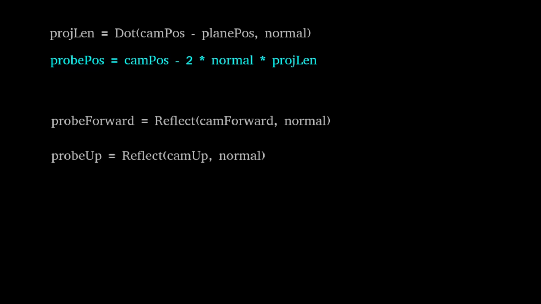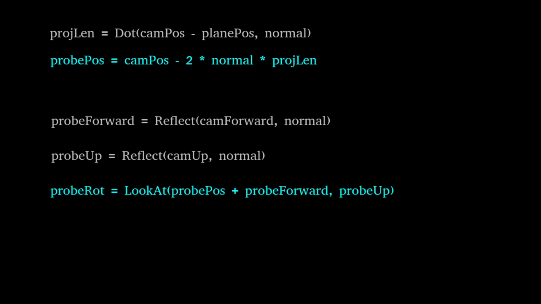The probe up vector should be equal to the reflection of the camera up with the normal, which means that the rotation should be derived from the LookAt function by feeding it the probe position plus probe forward vector and the probe up vector. And that's just it. If you go to see my code right now, that's literally what I do, literally in this order right here.